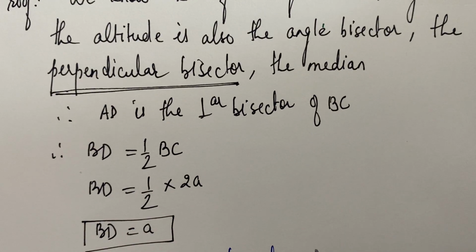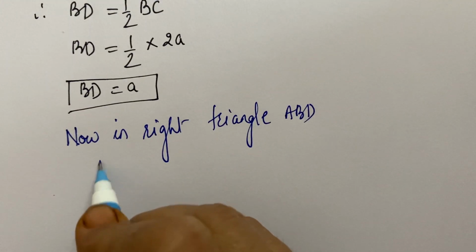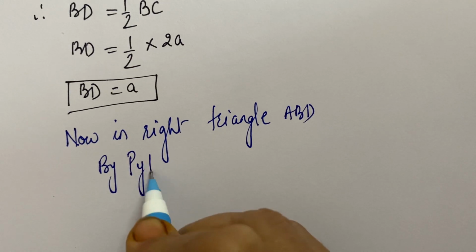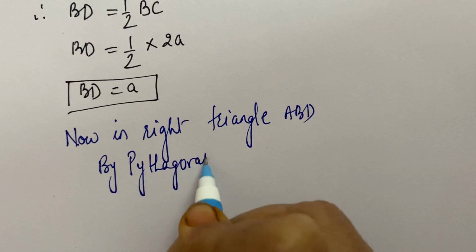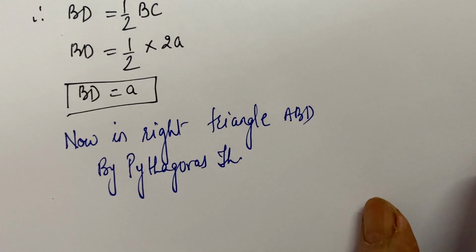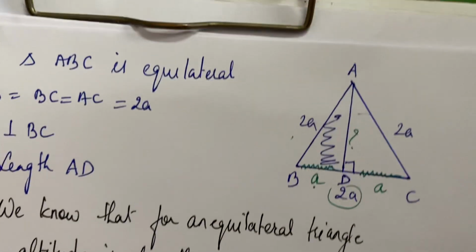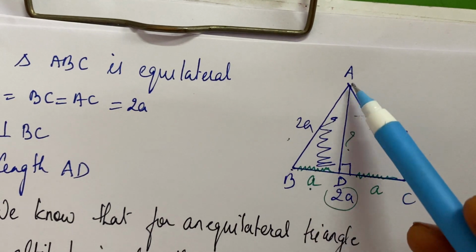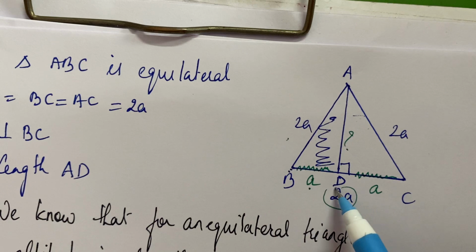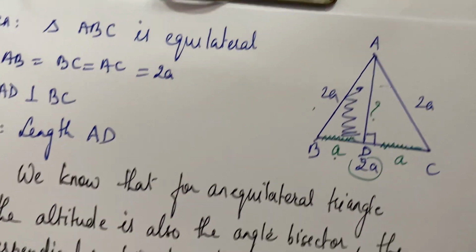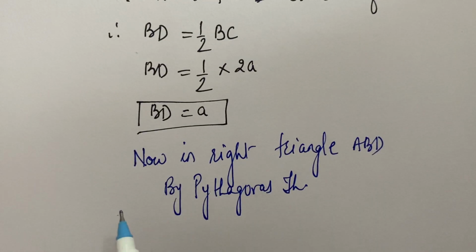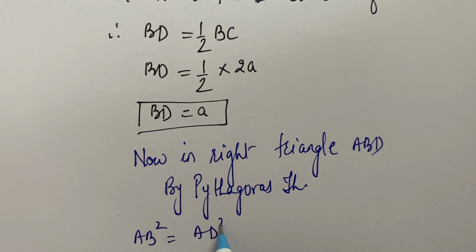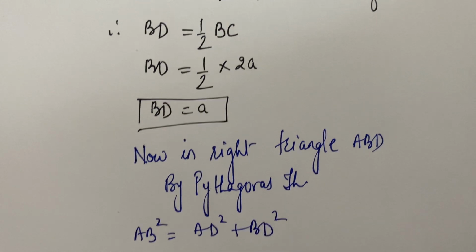In right triangle ABD by Pythagoras theorem, you are going to apply Pythagoras theorem. By Pythagoras theorem, you will have the hypotenuse. Which is the hypotenuse here? Hypotenuse is your AB, right? Hypotenuse square minus BD square will give you the altitude square. So first of all we'll write AB square is equal to AD square plus BD square.